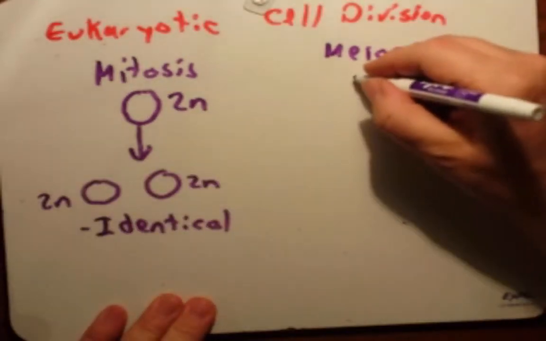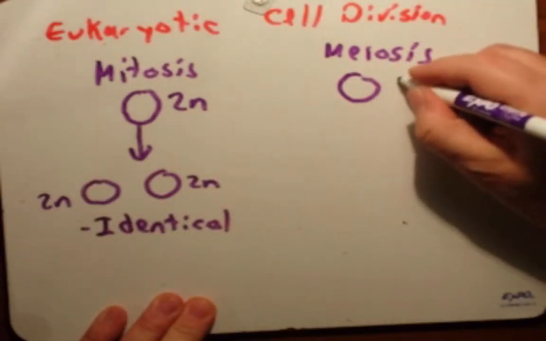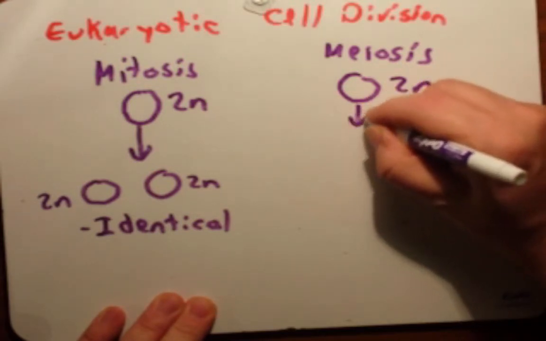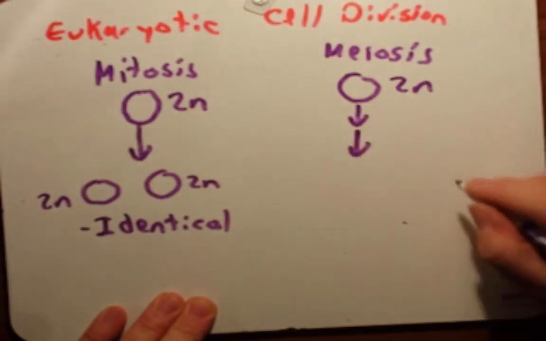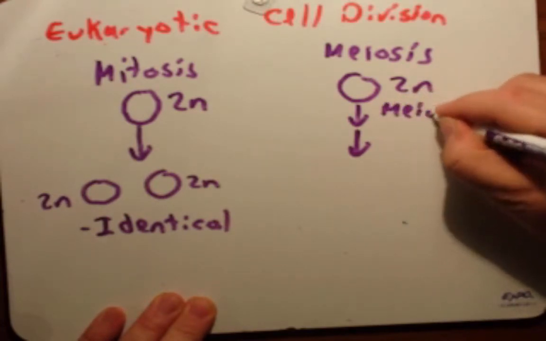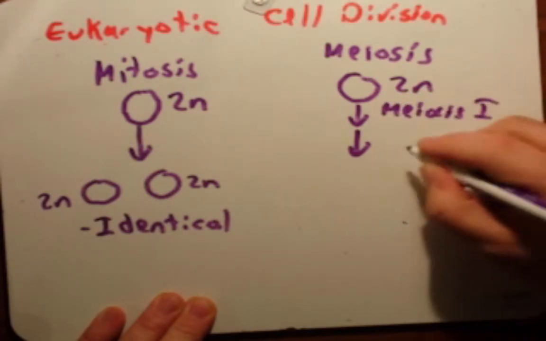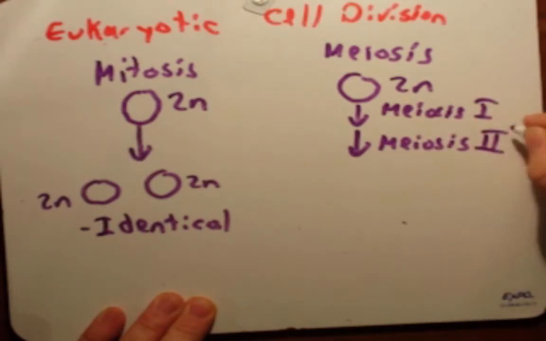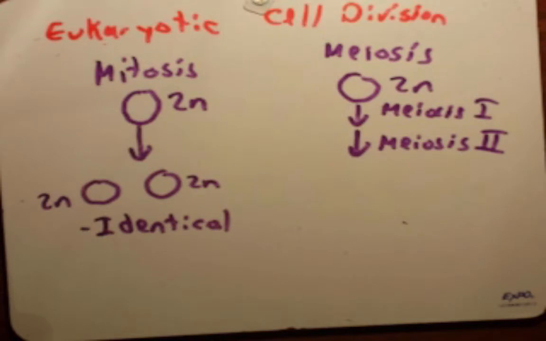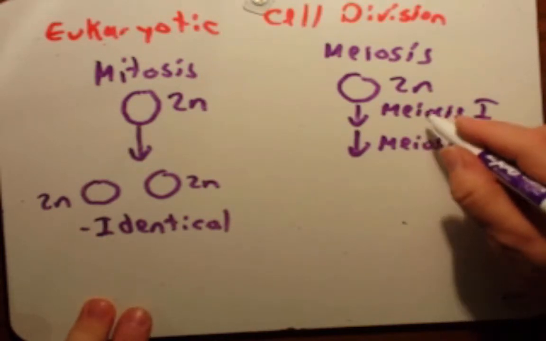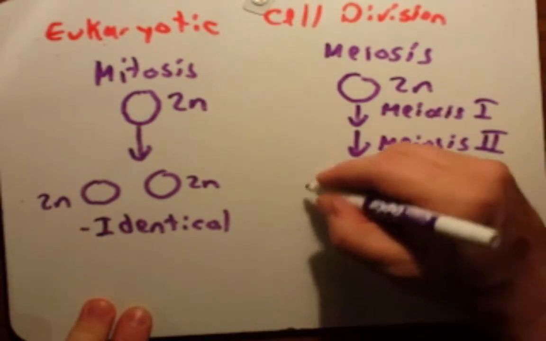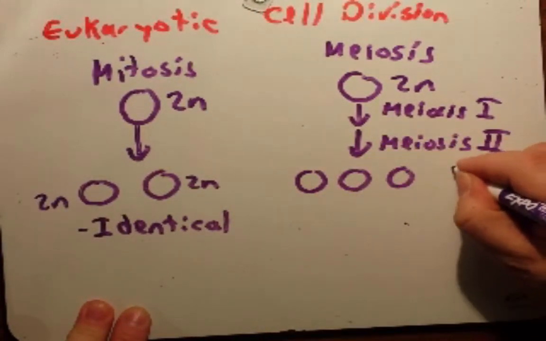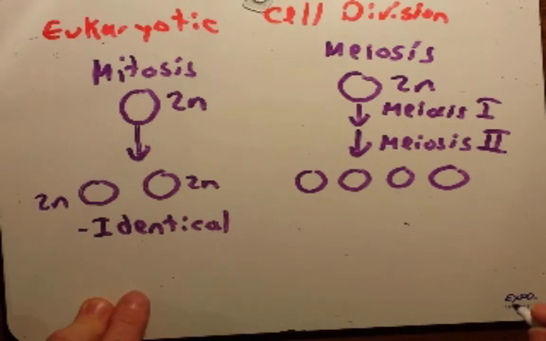Now meiosis, we'll see there are some similar features between mitosis and meiosis, but one of the big differences is that meiosis is divided up into two separate divisions. The first is meiosis 1, and the second is meiosis 2. And we're going to go through both of these in excruciating detail. But by the end of meiosis 2, we end up with four cells.